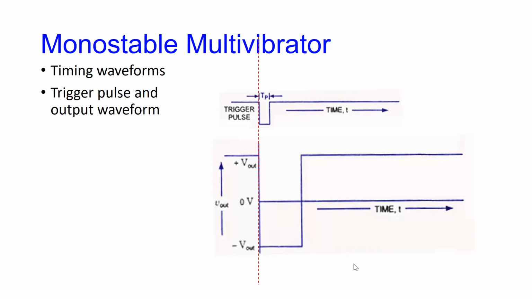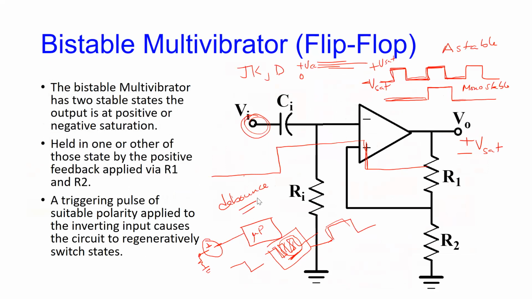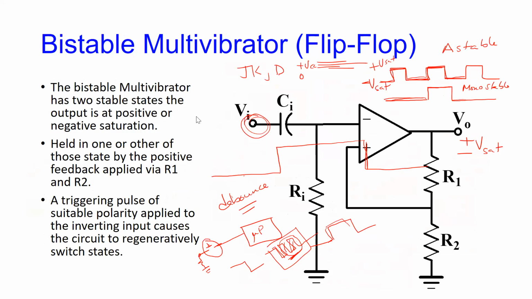All right, and then the bistable, at this point, if you power it up, this one, because this is stable in either state, it will either go positive and stay there or go negative and stay there until you give it an input on Vn.